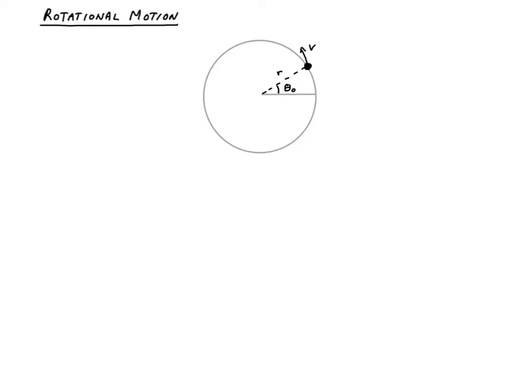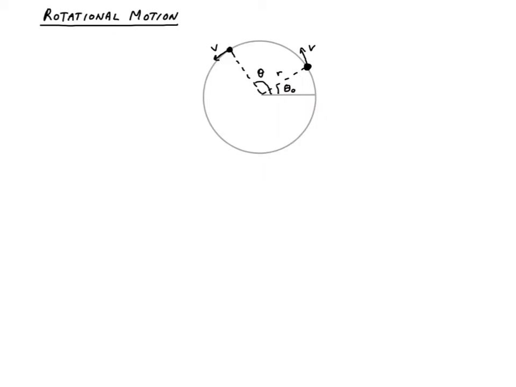If the particle is moving counterclockwise, then it's positive motion. If it's moving clockwise, then it's negative motion. Suppose at some later time t, the particle is at angular position theta, and the angular displacement would be theta minus theta naught. So let's write down some variables.